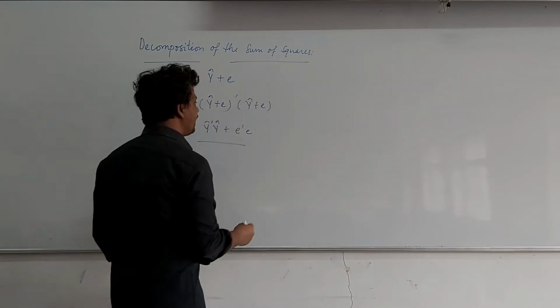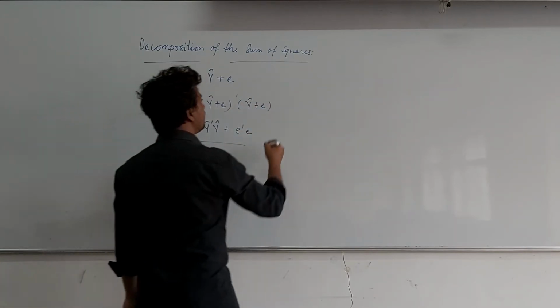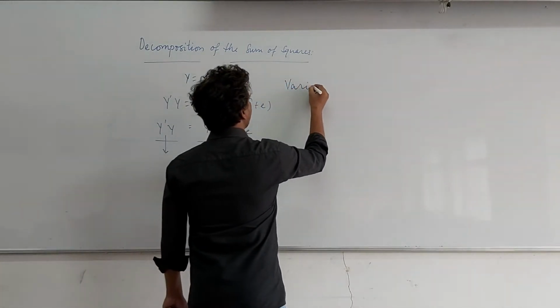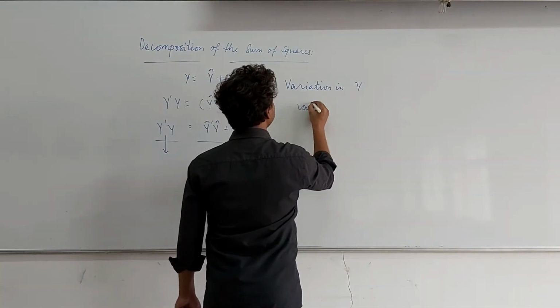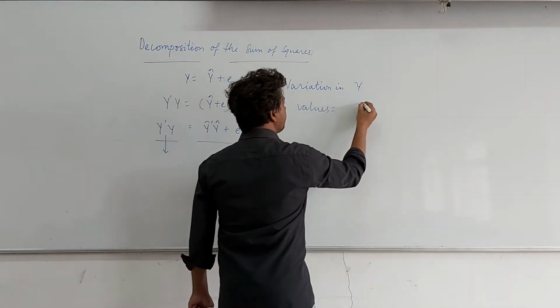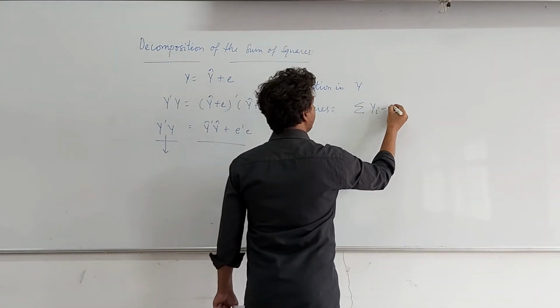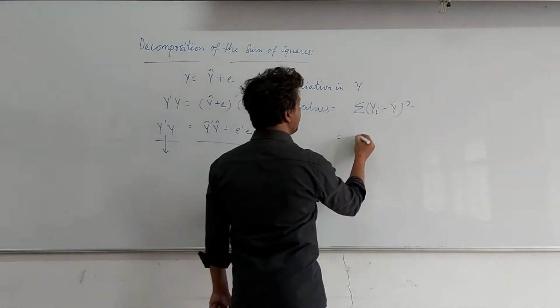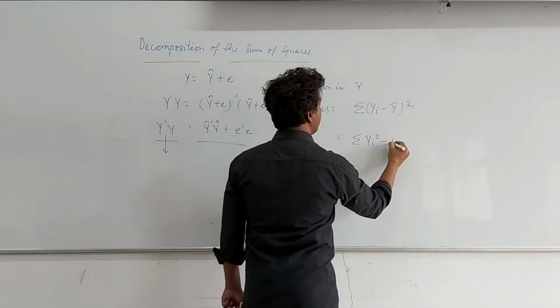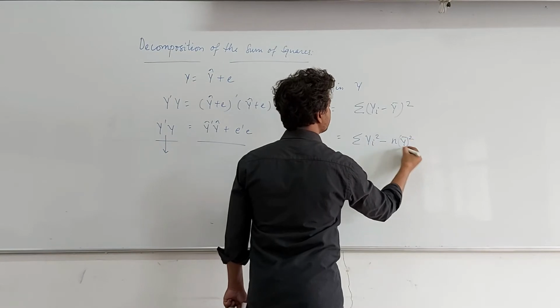So variation in y values, let me write it here. Variation in y values is nothing but the summation of (yi minus y bar) whole square. This can also be written as summation yi square minus n times y bar whole square.